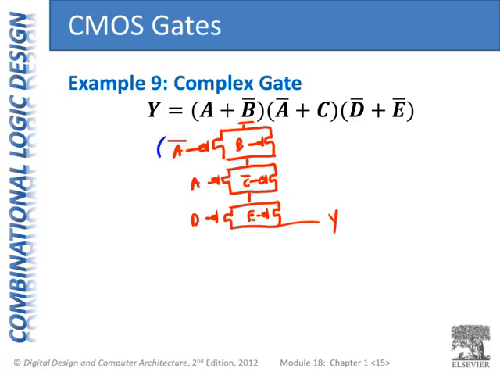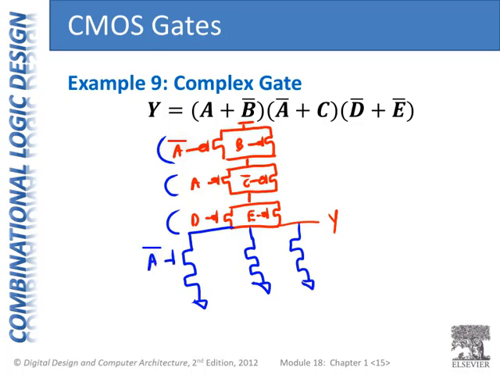Well, this subnetwork is in series with this subnetwork, which is in series with this subnetwork. So those are going to all be in parallel. Parallel subnetworks. And each of those subnetworks was in parallel, so those will be in series. Okay, we'll get A bar.